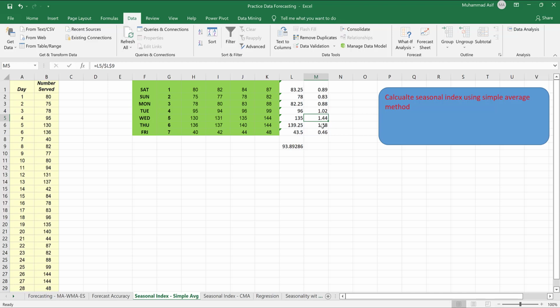And similarly this one, which means sales is 48% higher, or this is 148% of the average sale in this week. And similarly this one, that's 46%, which means that sales is 54% less than the average sale of the week.